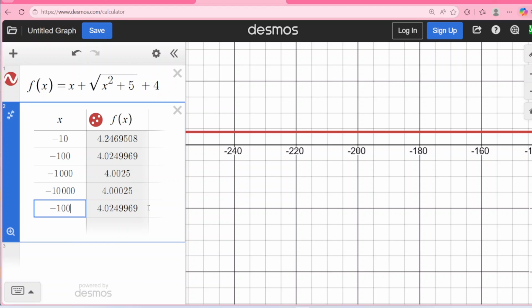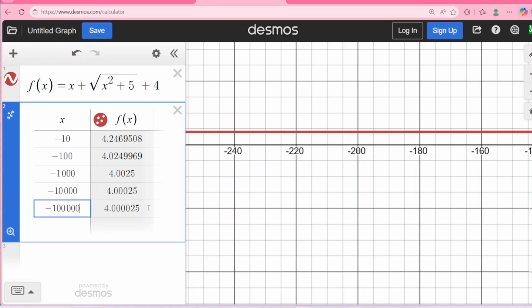Which is not that large, but you see the larger negative x gets, so x is approaching negative infinity, the value of this function looks as though it's approaching the value of 4.